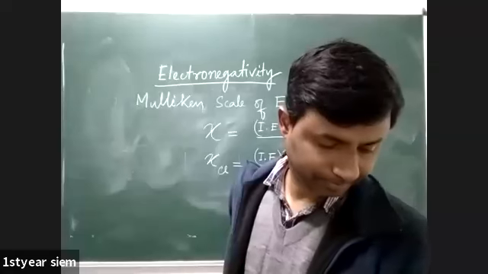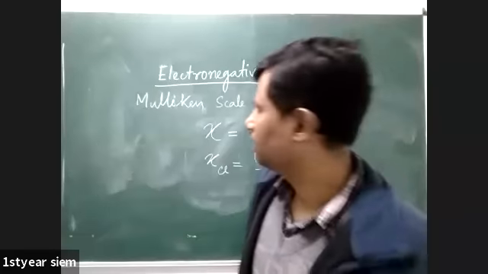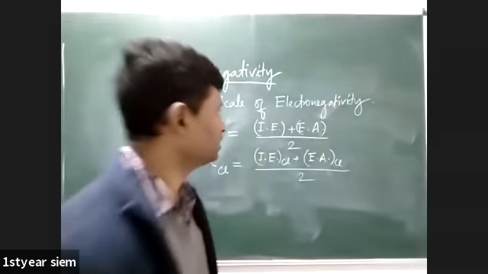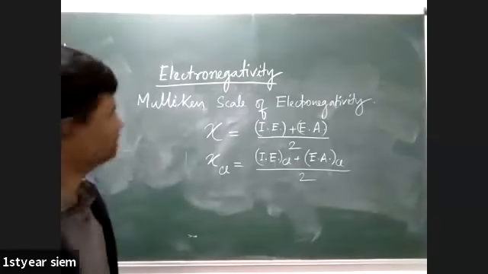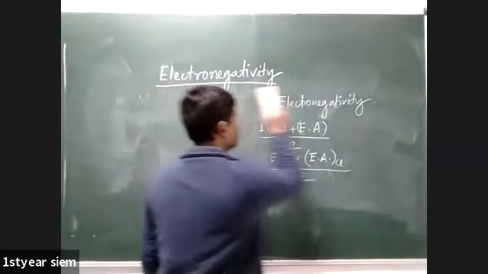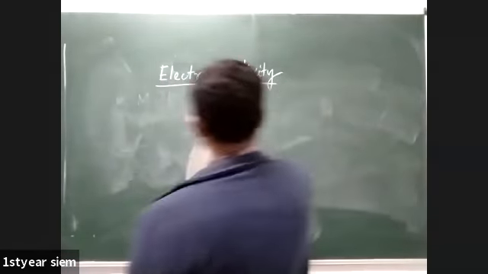Now, what is the periodic trend of electron affinity and electronegativity? Periodic trend means how it changes in the periodic table.